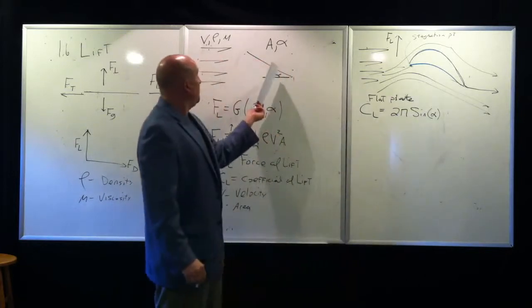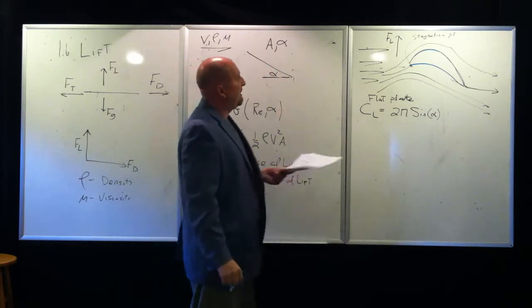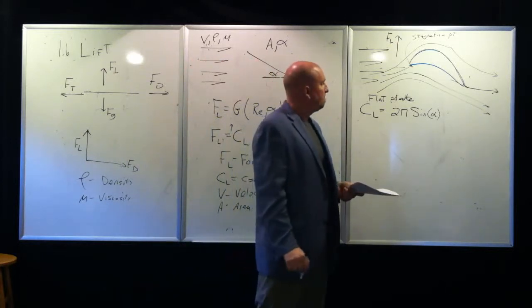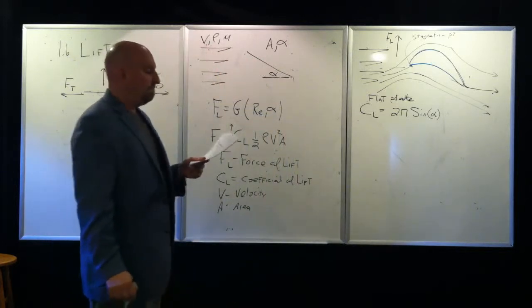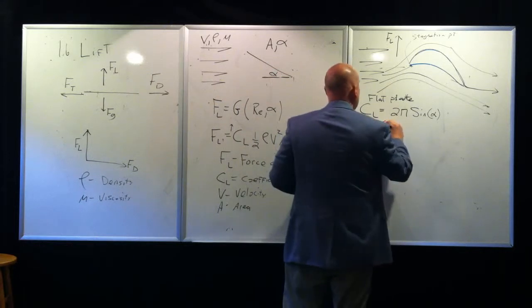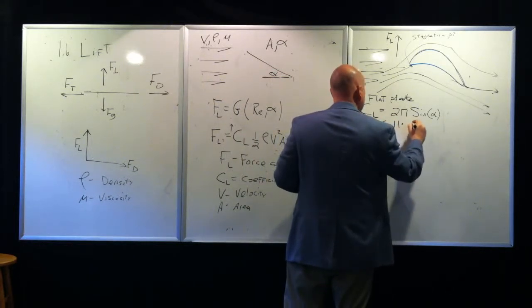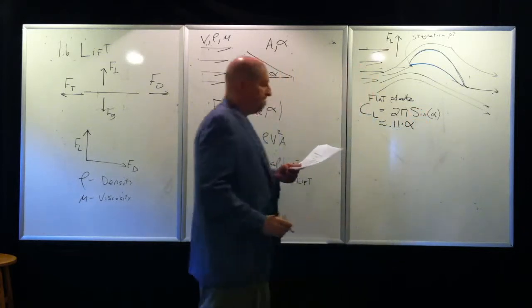Alpha is our angle that our flat plate will be lifted at, and it's going to be measured in degrees. Or it can be approximated as 0.11 times alpha, where again alpha is going to be measured in degrees.